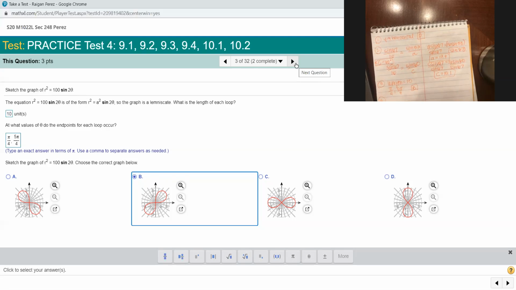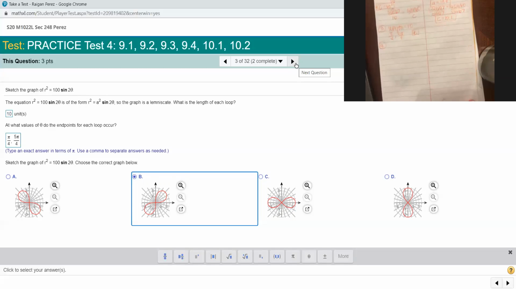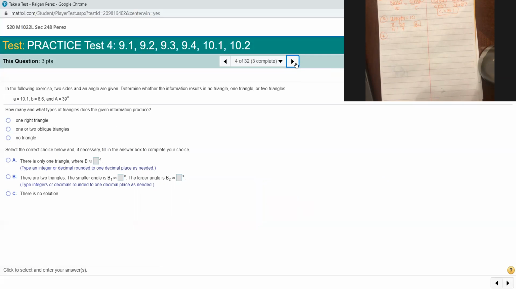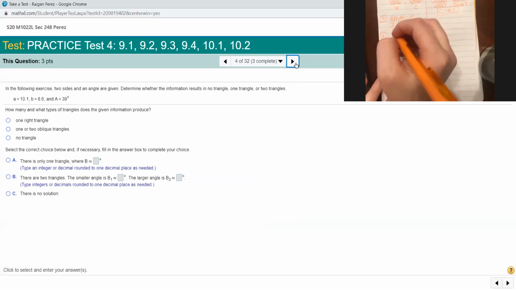Okay, number 4. Scroll it up for you guys. Okay, the following exercise, two sides and an angle are given. Determine whether the information results in no triangle, one triangle, or two triangles. This is when you're supposed to find sine of B. So here you use law of sines.